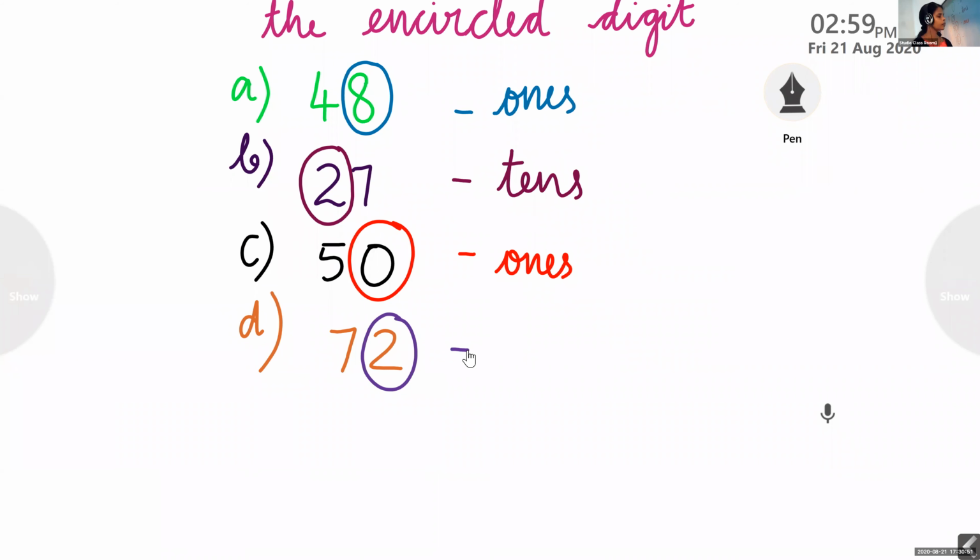Abhinav, what is the place of 2 in the number 72? Tens. What is the place of 2 in the number 72? Ones. It is ones.